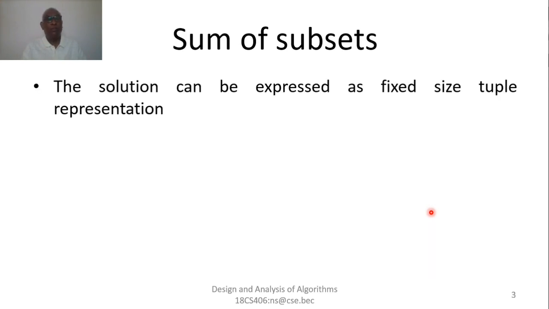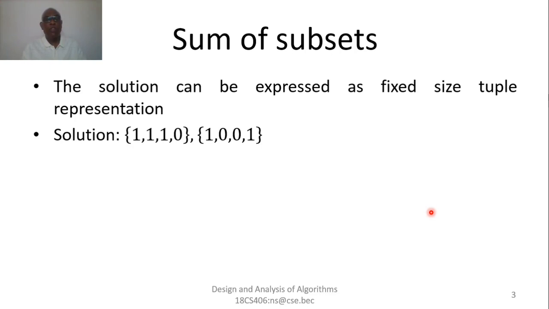Let's look at how we can express the solution as a fixed size tuple. In the fixed size tuple, the number of components in the tuple is fixed. Now in this example, we were given 4 weights. So the solution always happens to be a 4-tuple. So two possible solutions for this problem are 1, 1, 1, 0, which means that the first 3 weights are included and the fourth weight is excluded.